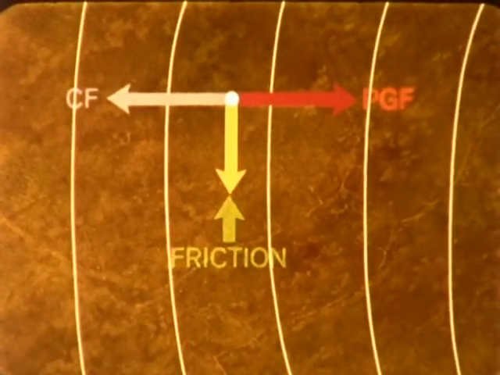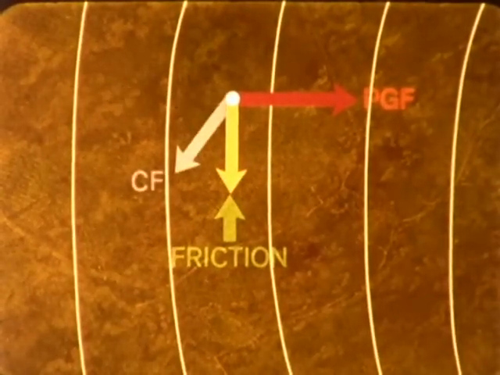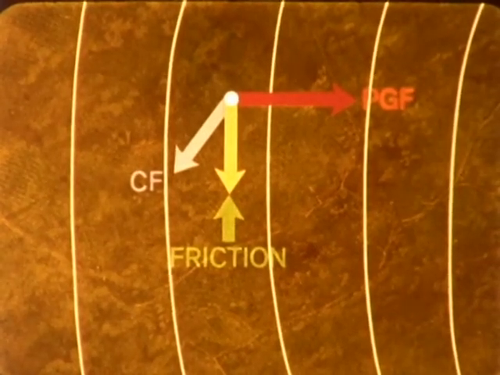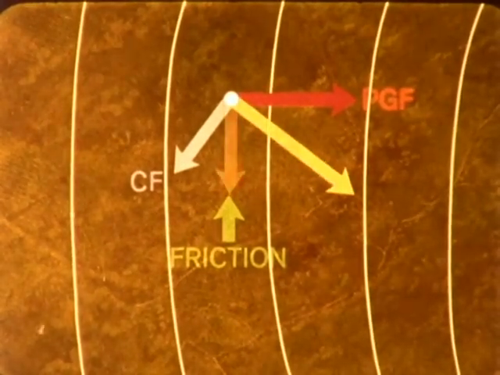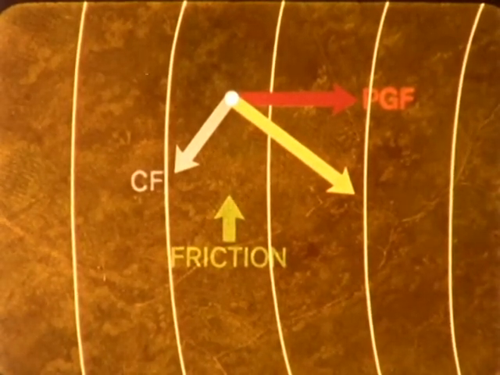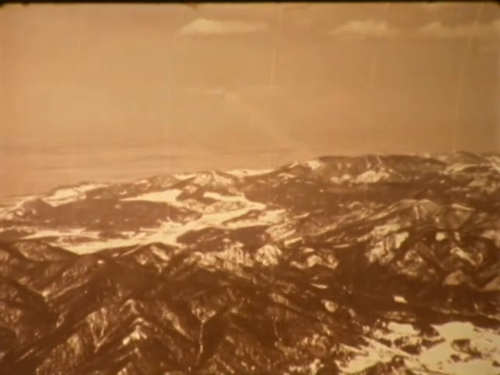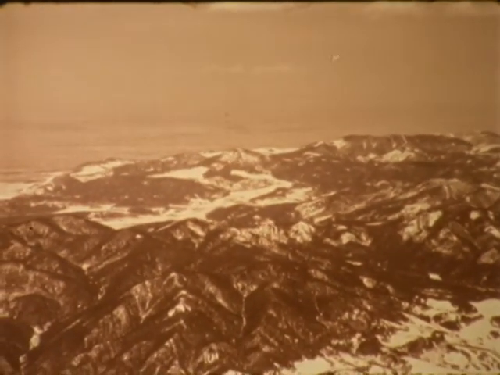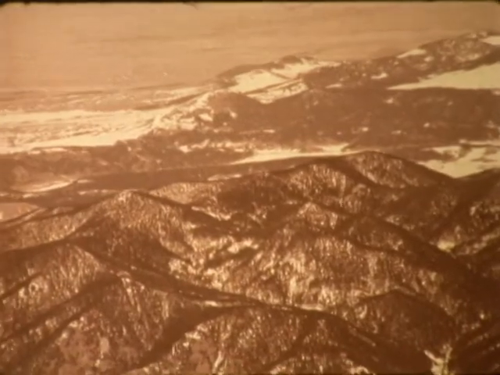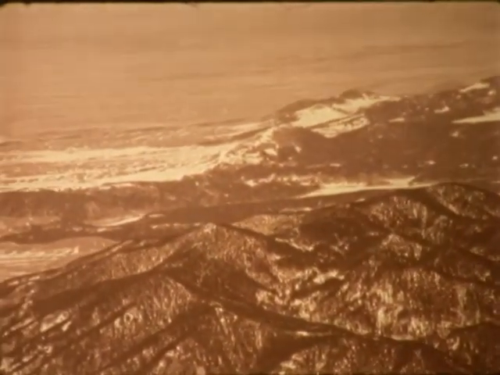Friction reduces wind speed, and Coriolis becomes less. But pressure gradient is not affected, so there is a new wind vector. The wind now blows across the contours. Over mountains, friction may shift the winds as much as 70 degrees, and wind speed may drop 30% or more.